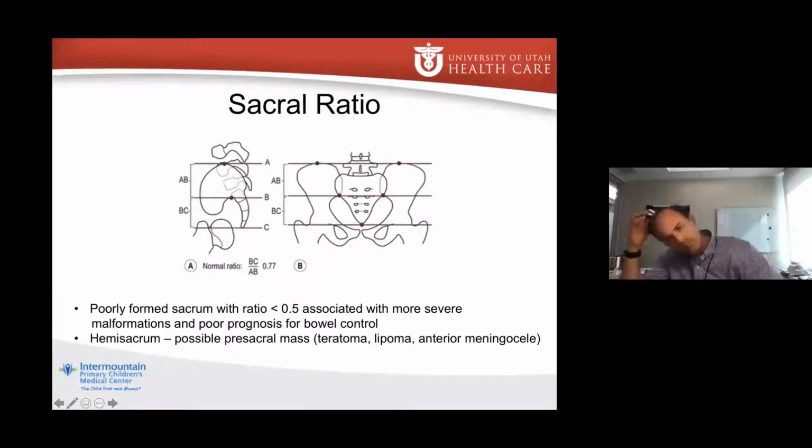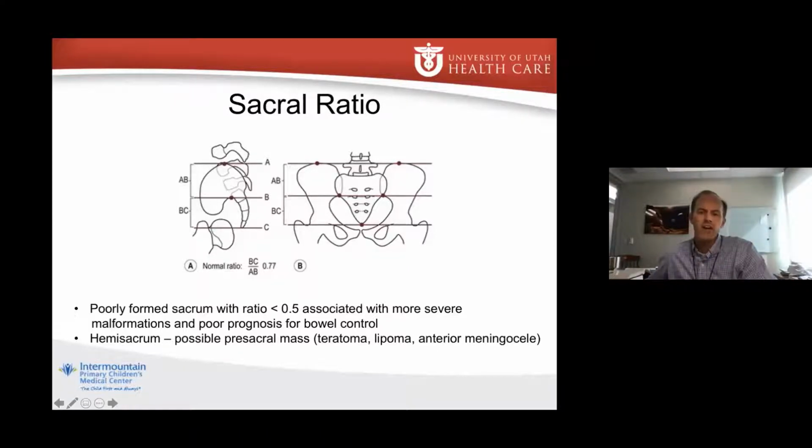The other thing that you'll find the pediatric surgeons talking about a lot is the sacral ratio. They'll get pelvis films, and they look at these landmarks and create a ratio from these landmarks, the tip of the coccyx up to this notch on the, I think it's the iliac notch, and then the iliac crest up here.